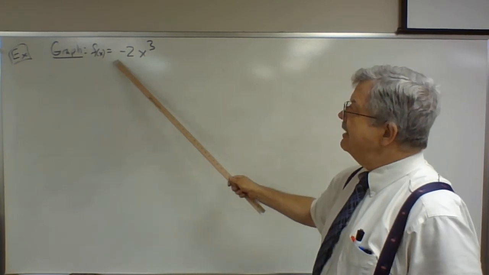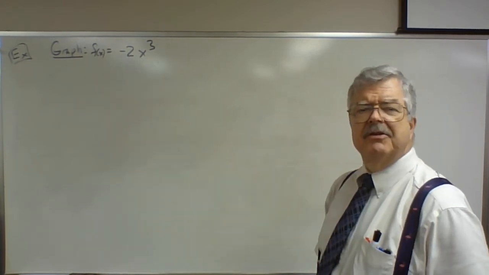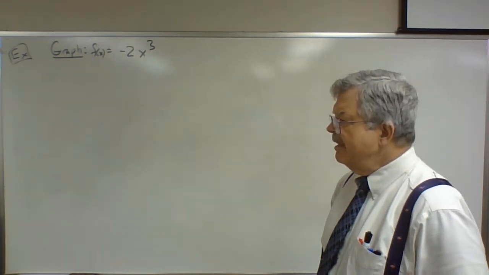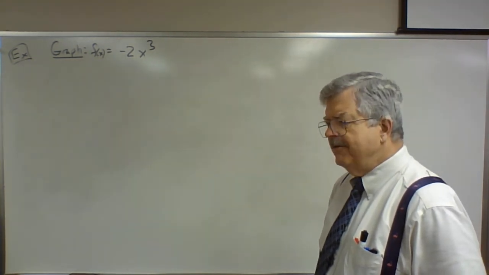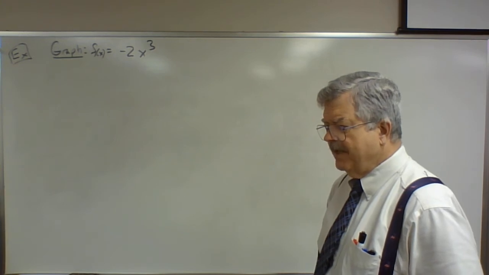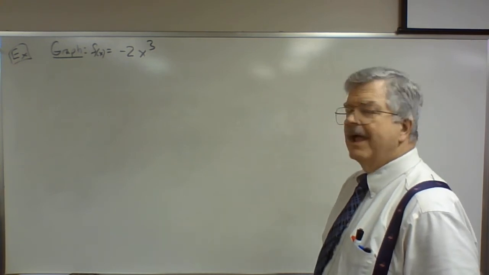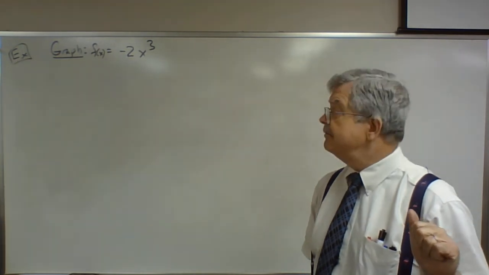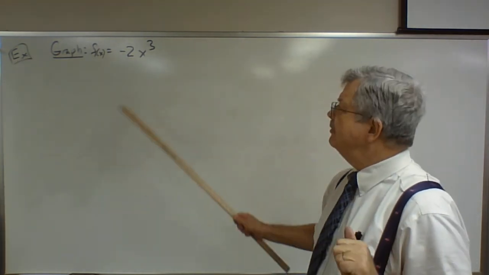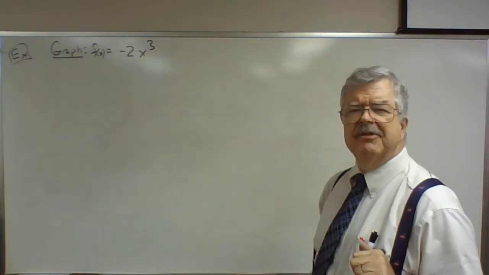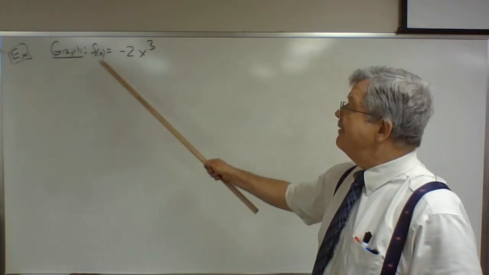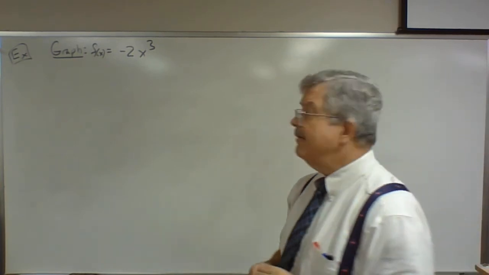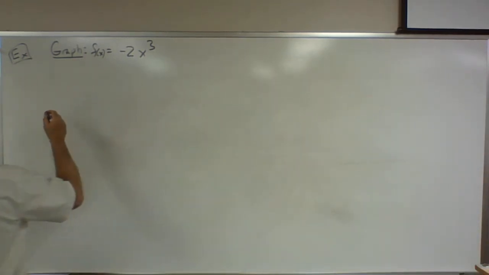Graph f of x equals negative 2x cubed. Now, how am I going to do that? Probably the best way is to draw the graph of the basic function in my repertoire of functions that most closely resembles this, and that's going to be f of x equals x cubed. I'm going to draw the graph of f of x equals x cubed.